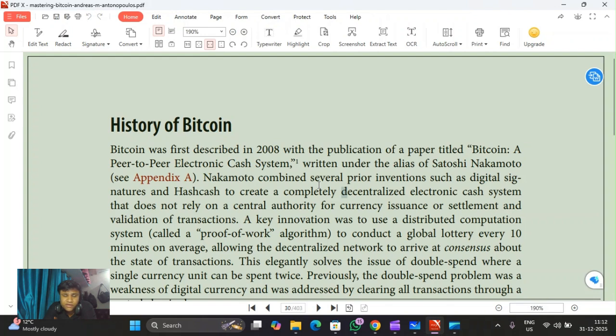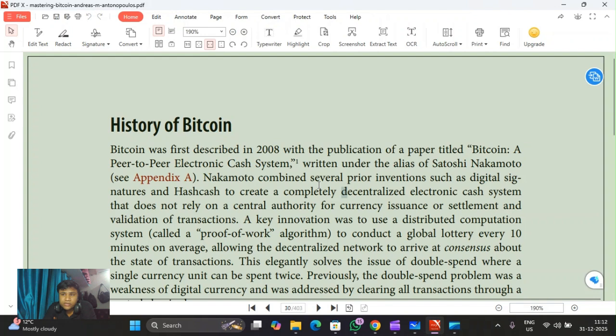But this is a very time-consuming process. It will take some hours, some days. It's controlled by the government, and if you want to do a big transaction, you have to pay a much larger amount of tax.